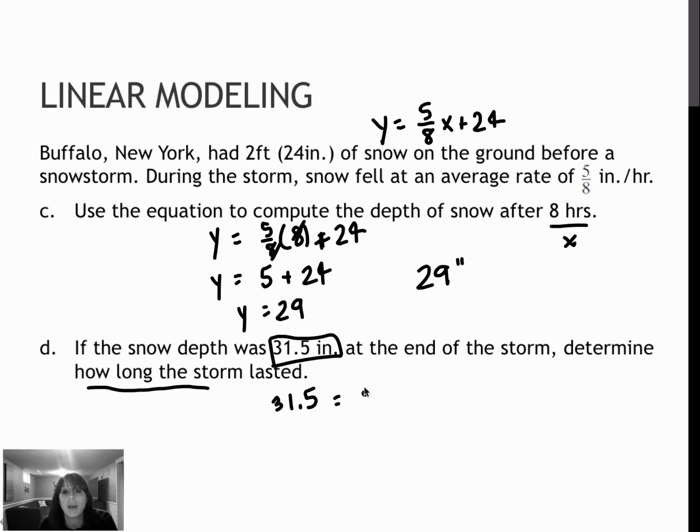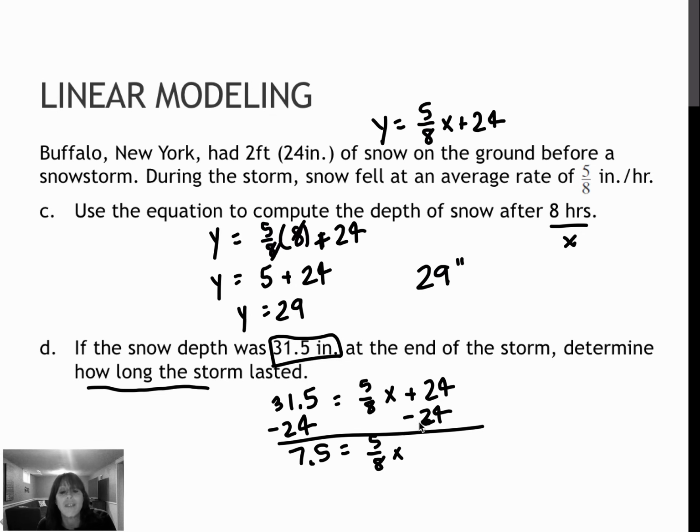So for 31.5 equals 5/8 x plus 24, I will subtract 24 to get 7.5 equals 5/8 x, and the simplest, fastest way to solve this is to multiply by the reciprocal, and I would just get my calculator out on this one. On this side, I would have 7.5 times 8 and then divided by 5, which gives me 12. And on this side, notice everything canceled out to give me x. So it would be 12 hours is how long the storm lasted to have a total snowfall of 31.5 inches.